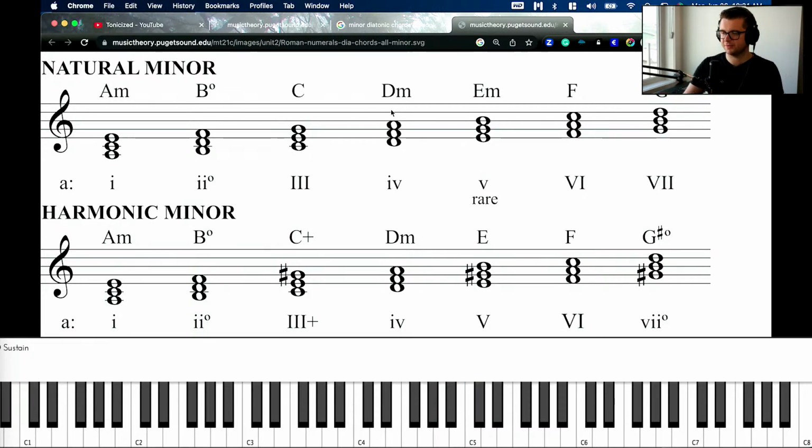And the pattern, if you look at where it starts, if you were to put this as the major starting point, so C major, it goes major, minor, minor, major, major, minor, diminished. But it's weird because we've actually snuck in and started on the 6th position. So minor, diminished, major, minor, minor, major, major.